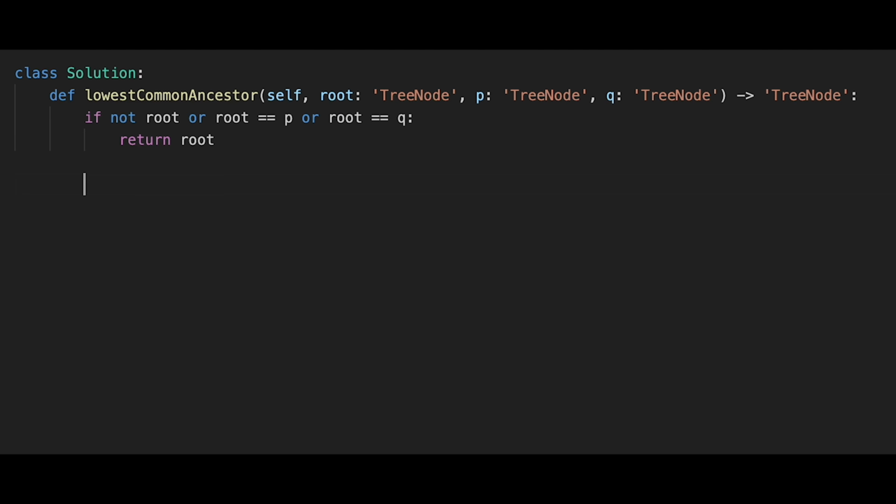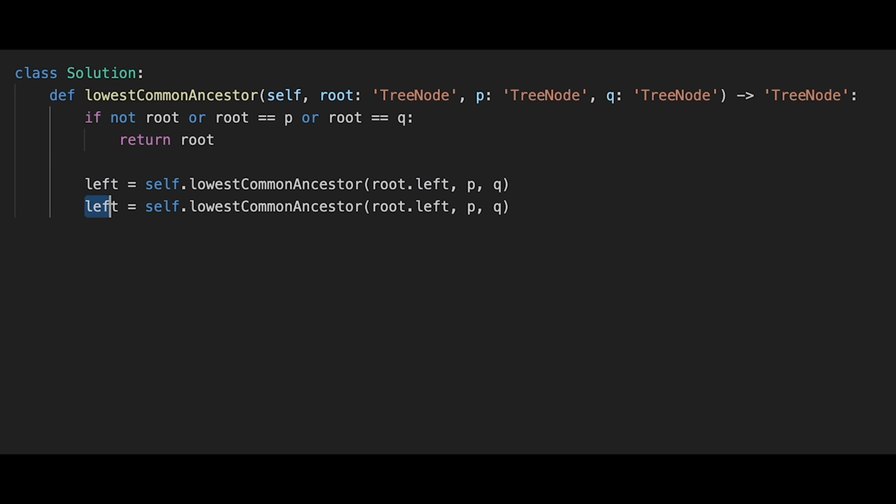If not the case, let's go to the left side first. So left equals, call the same function again, self dot lowestCommonAncestor. Let me copy this. So we go left: root dot left, P and Q. And let me copy this. Let's go to the right side with the same function and root dot right.